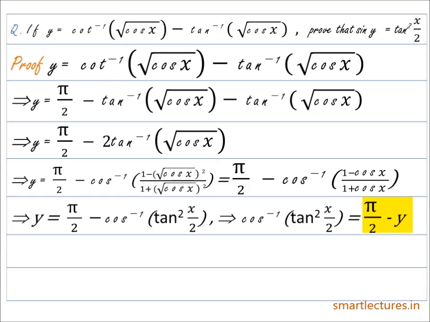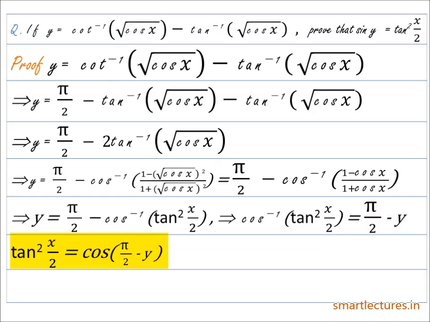Or in other words, tan square half x is equal to cos of half pi minus y. And cos of half pi minus y is equal to sine of y. So that means tan square half x is equal to sine of y. And that's what we wanted to prove.